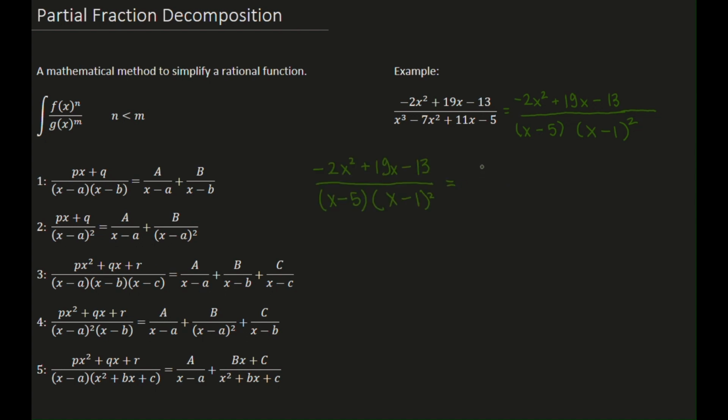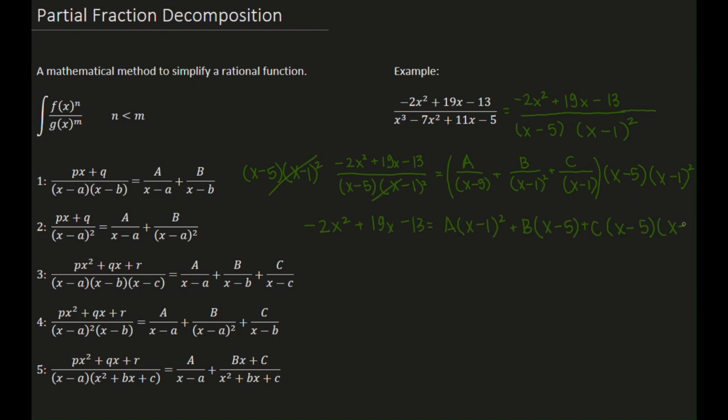So following form 4, I can set it up to equal a over x minus 5 plus b over x minus 1 squared plus c over x minus 1. Like the previous 3 examples, I want to multiply the denominator to each side of the equation so it cancels out on the left side, and parts of it will cancel out on the right-hand side.